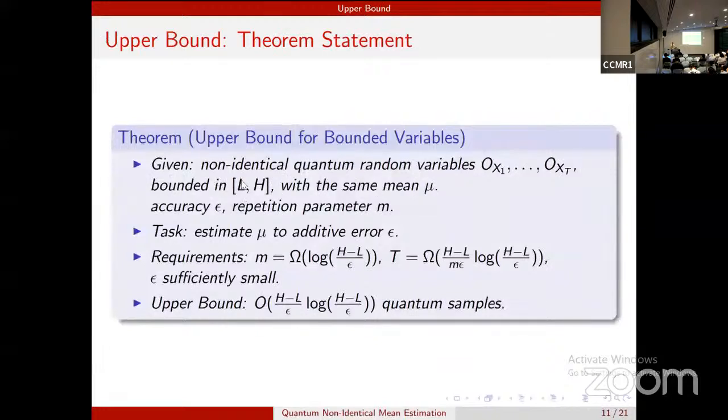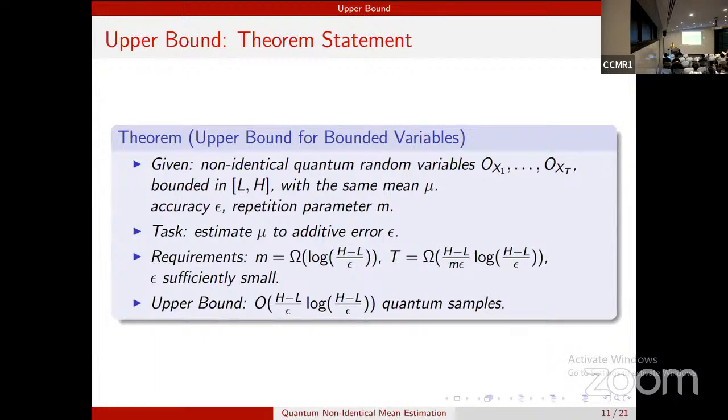So assume that our non-identical quantum random variables are bounded in an interval [L, H], and we are allowed to query each one of those different quantum random variables a few times, Omega(log((H minus L)/epsilon)) times. In this setting, we have a quantum upper bound, which is O((H minus L)/epsilon) multiplied by a log factor, which achieves a quadratic speedup.